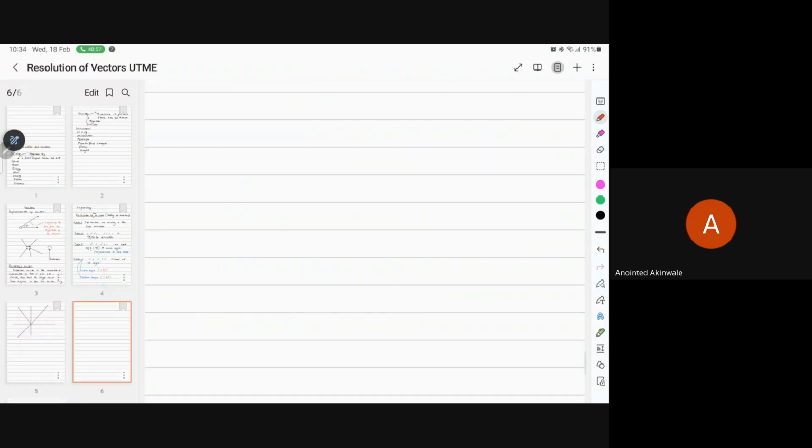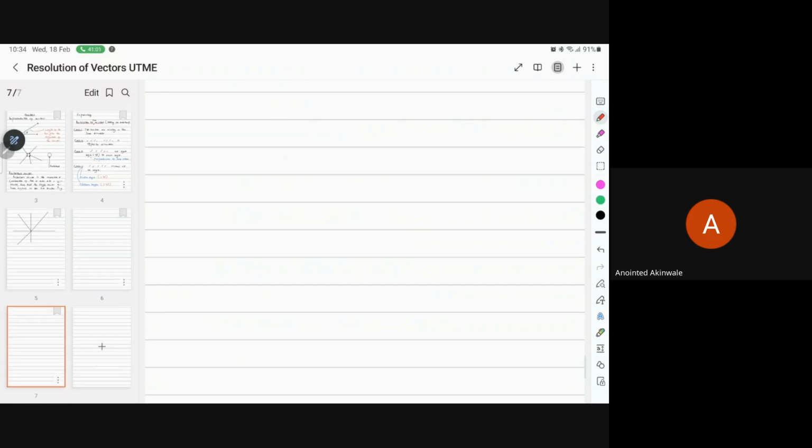I'm skipping, sorry about that, and that's against the rule of teaching. So you don't get confused. The order in which the information is presented determines how you will understand it. So let's look at case 1. So case 1, two vectors acting in same direction.